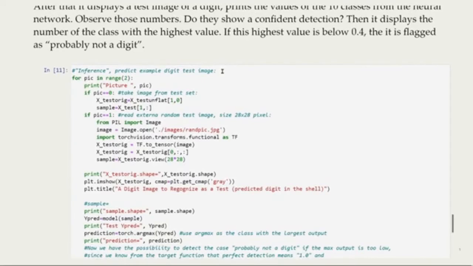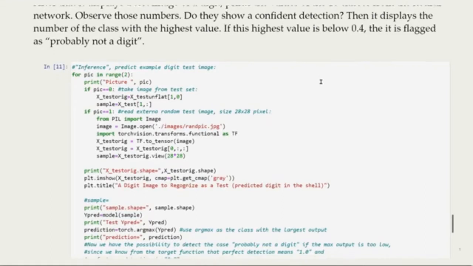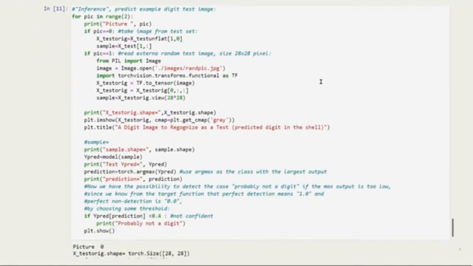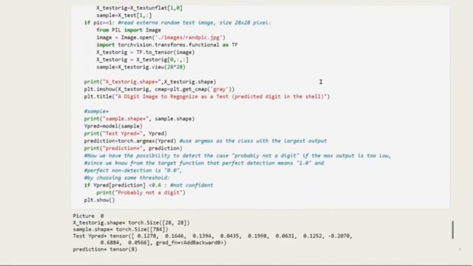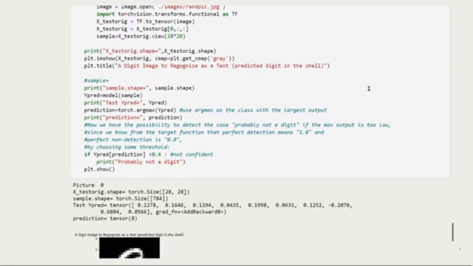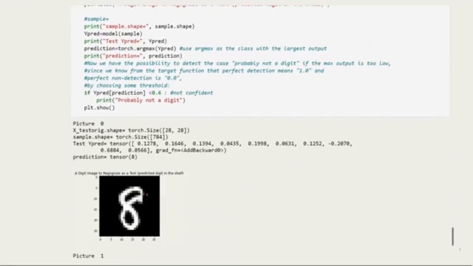At this point we are doing the inference like we did in previous examples. So we are feeding our model with an image from the testing set, and then the model will predict, but this time using the detector, which digit it is. This is the image we are feeding, and it looks like an 8, and the detector predicted that, yes, indeed, it's an 8.